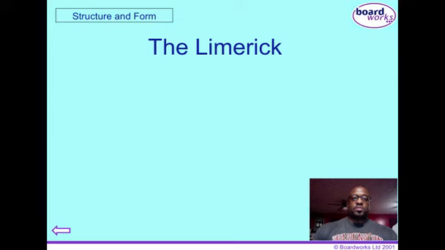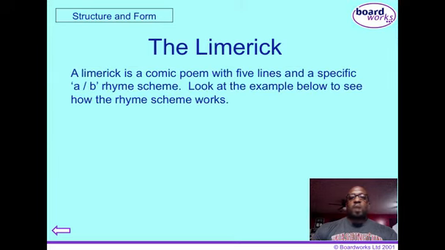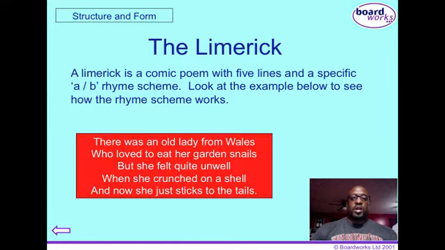So, the first one is the limerick. A very comical 5-line poem that follows an A-B rhyme scheme. So we'll look. There was an old lady from Wales, line A, who loved to eat her garden snails, A again.